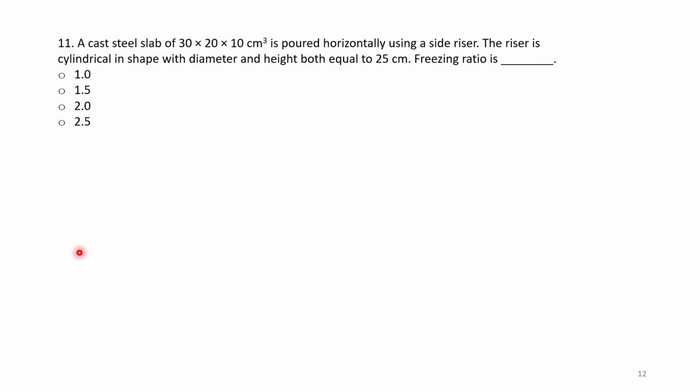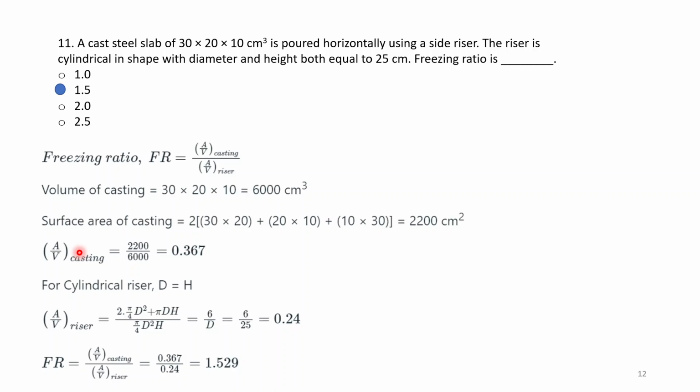Next question is, a cast steel slab of 30 times 20 times 10 centimeter cube is poured horizontally using a side riser. The riser is cylindrical in shape with diameter and height both equal to 25 centimeter. So you have to find out the freezing ratio. Freezing ratio is pretty straightforward.